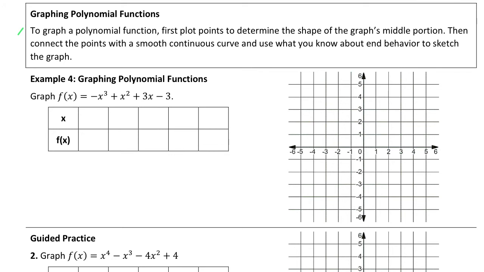Graphing polynomial functions. To graph a polynomial function, we're going to first plot points to determine the shape, and then we're going to use our end behavior to sketch the rest of it. So we're basically getting some in-between points and then drawing our end behavior. So for this, pick values.